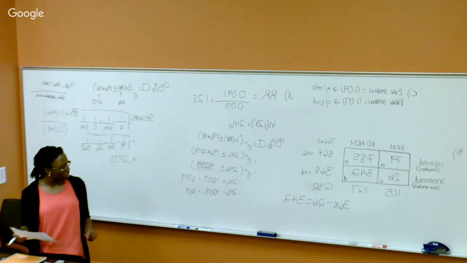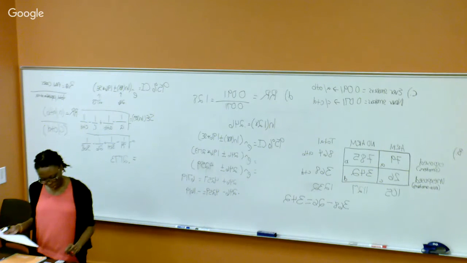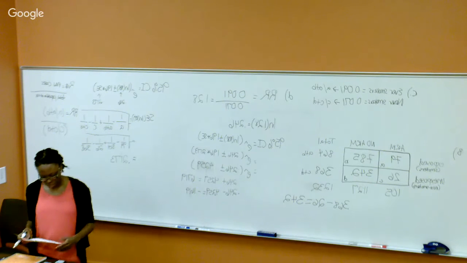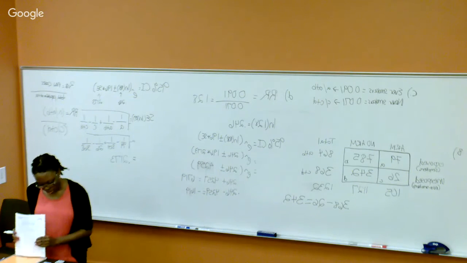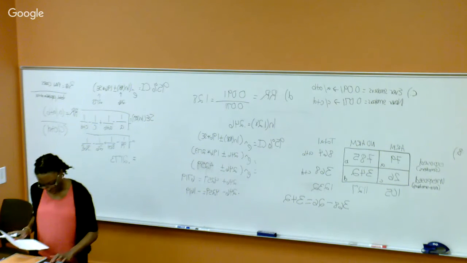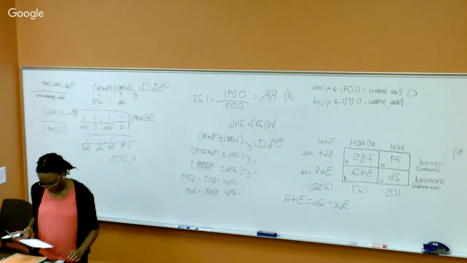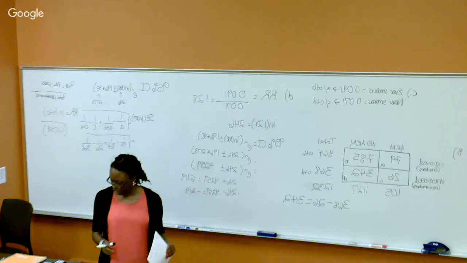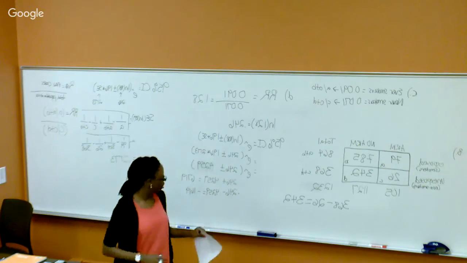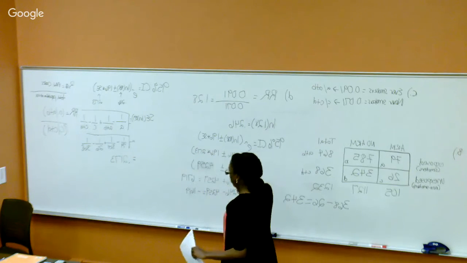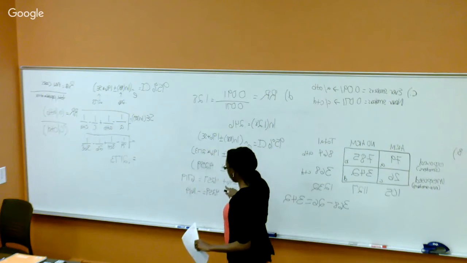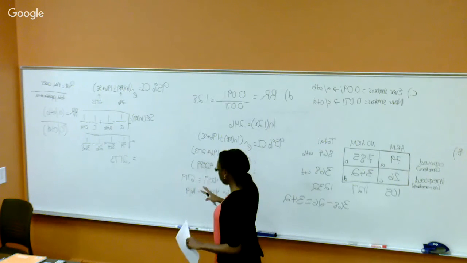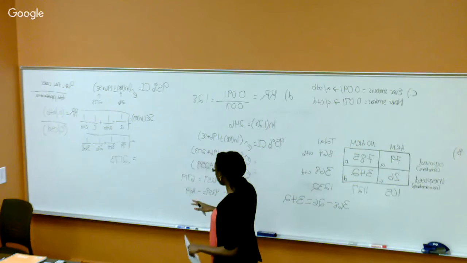I have 0.1799. It's probably just rounding, because if you round differently, you get slightly different answers.